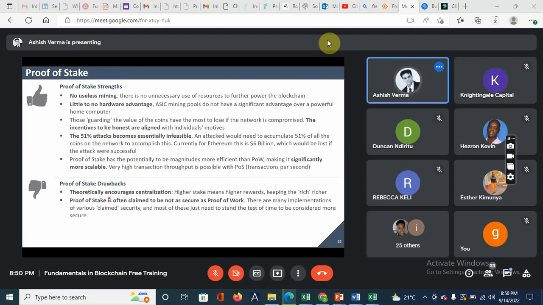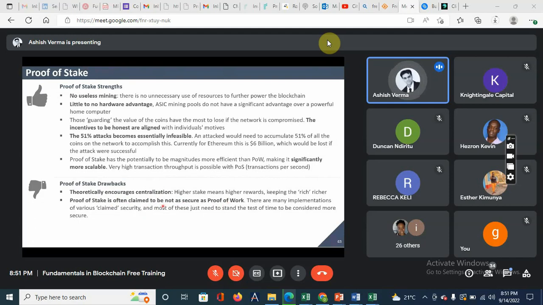Some drawbacks: theoretically increased centralization, because only very few people will be mining. That means very few people will have the power to modify the network. So that results in centralization, and it impacts the very concept of blockchain itself, which is meant to be decentralized. Proof of stake is often claimed to be not as secure as proof of work.